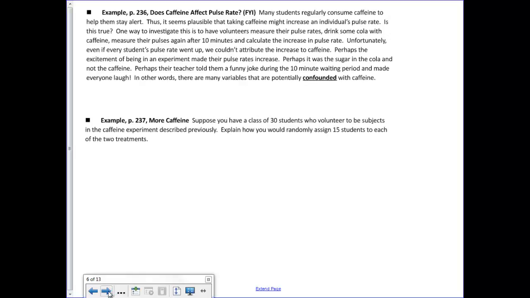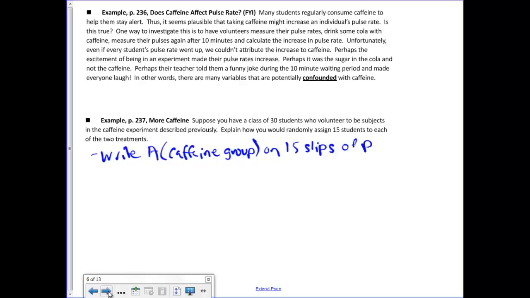So you can maybe say, let's write A, which is the caffeine group, on 15 slips of paper, and B, which would be your no caffeine, on 15 slips.